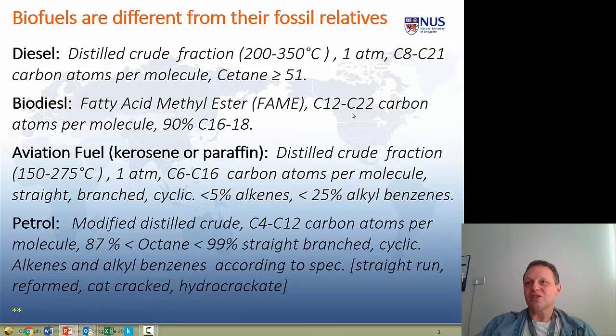It's C12 to C22, maybe 90% C16 to C18. And each of these fuels, certainly the fossil fuels, have particular specifications that engineers have built into engines and things like that. And this is important, as we'll find out in a moment.